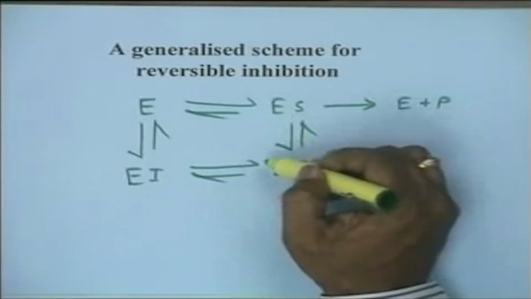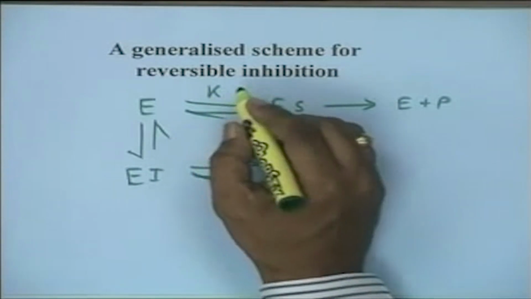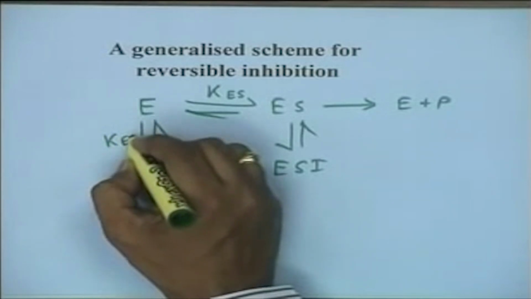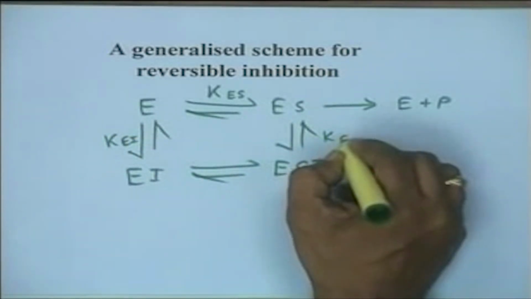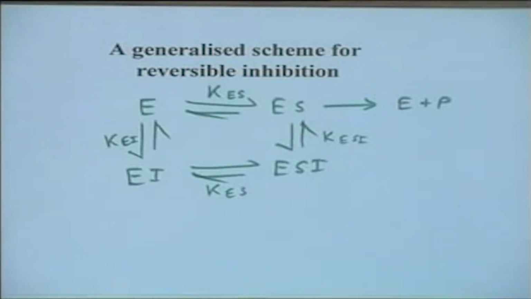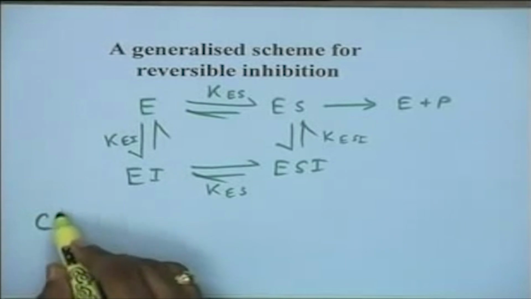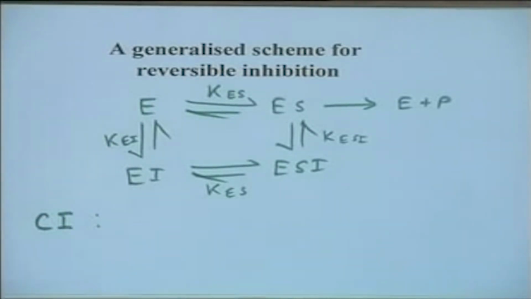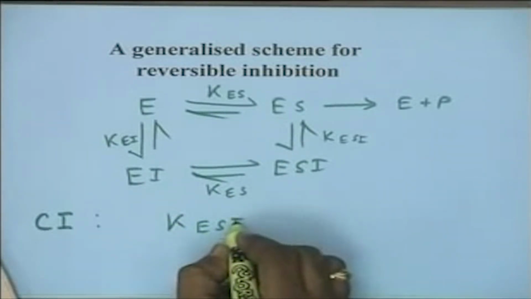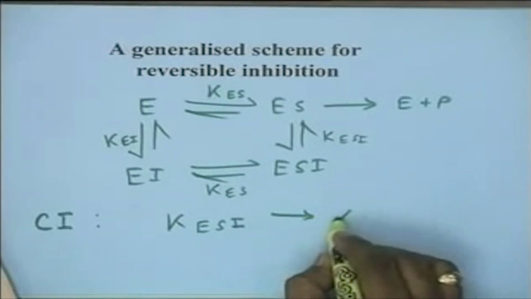Let us say the dissociation constant for this step is KES, this is KEI, this is KESI, and this is also KES. Now, in the three different cases that we talked about for the type of inhibition, in the case of a competitive inhibition, what will be the magnitude of KESI? It will tend to infinity.